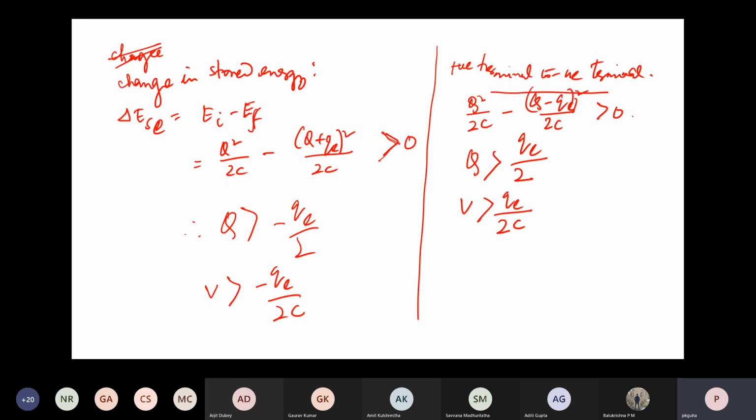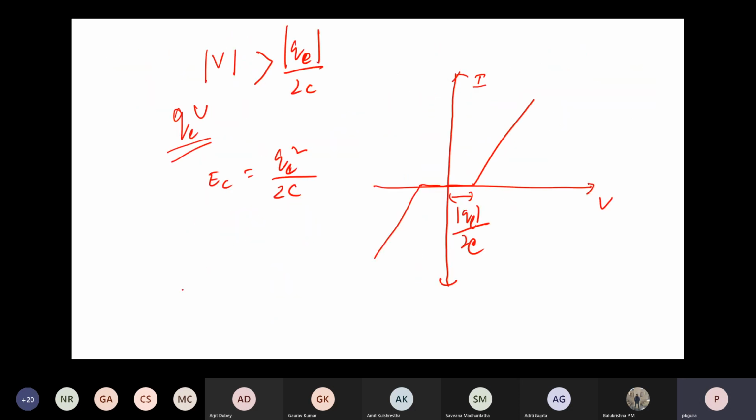What is thermal energy? Thermal energy is k_B T, right? Thermal energy is good enough for the electrons to tunnel. You remember, k_B T is 25-26 millivolt at room temperature, so that should be good enough for the electron to tunnel.